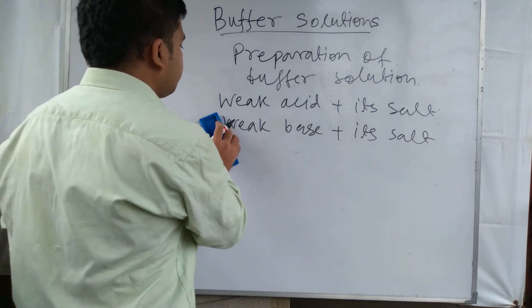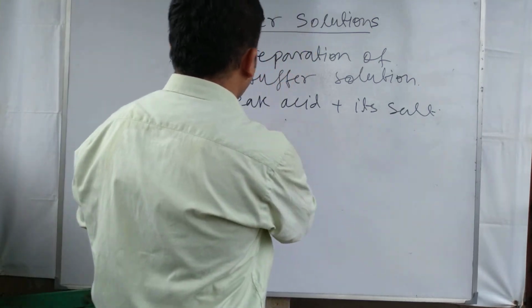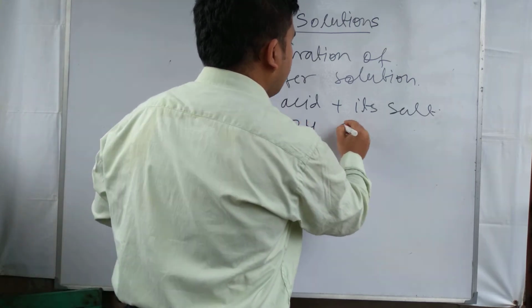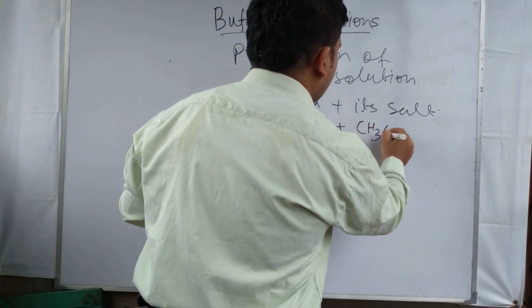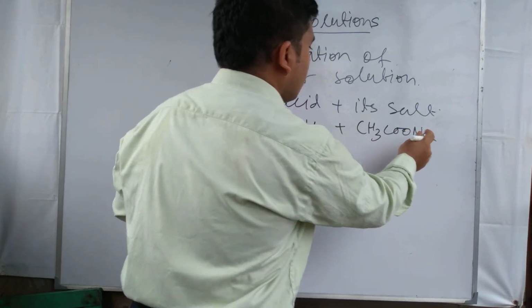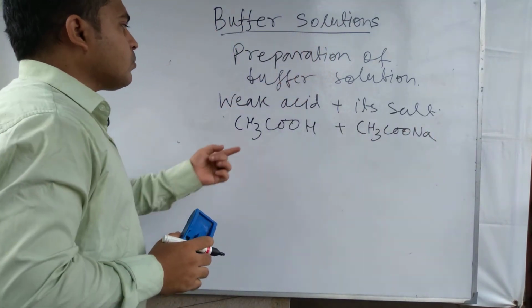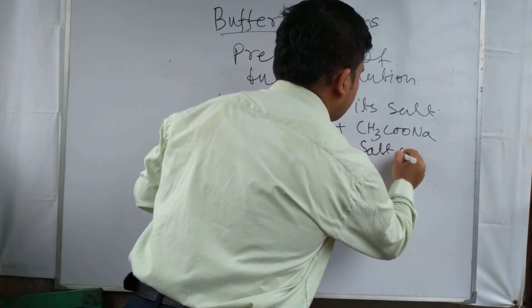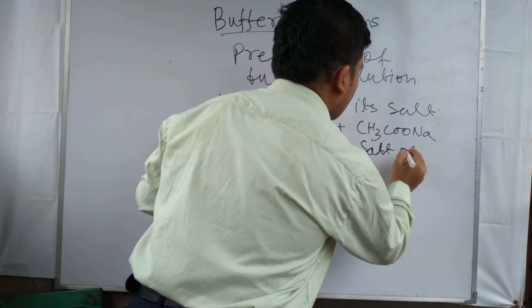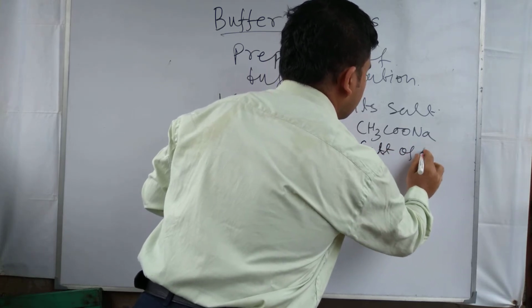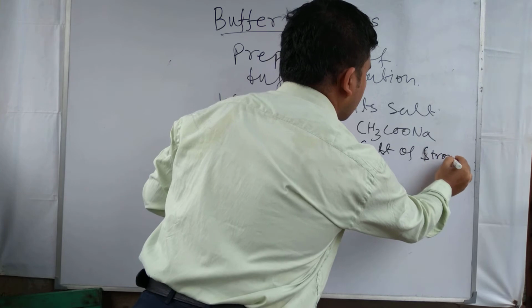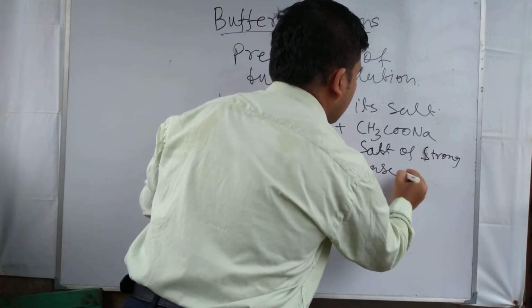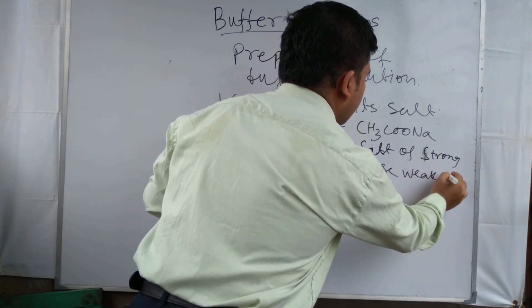For example, we take a weak acid such as acetic acid and its salt, sodium acetate. This is a salt of a strong base and a weak acid.